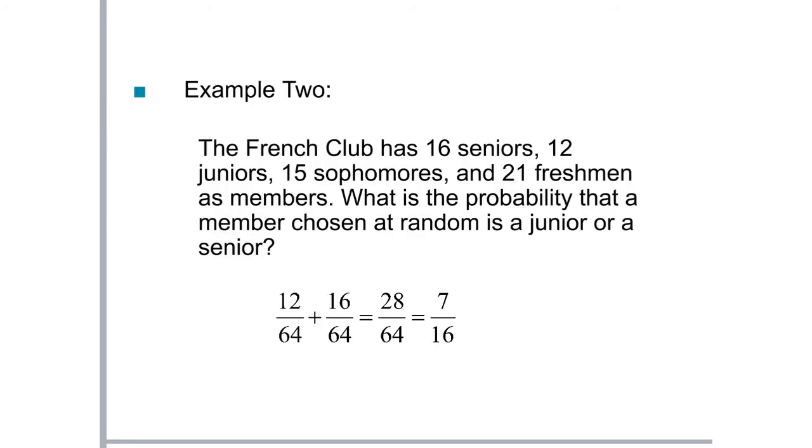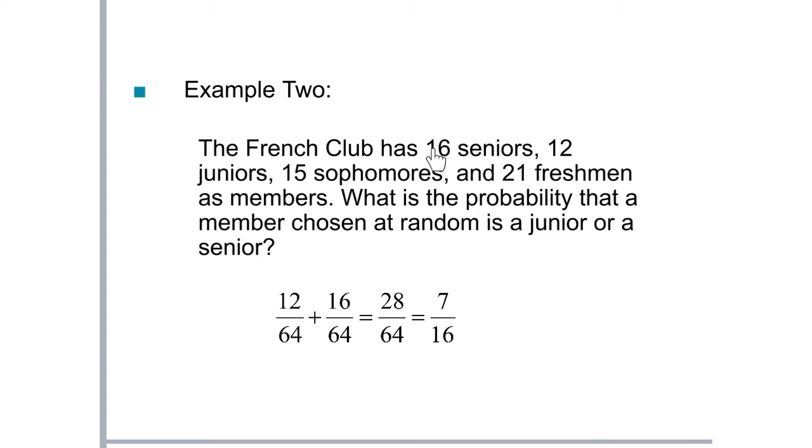Here's another example. The French club has 16 seniors, 12 juniors, 15 sophomores, and 21 freshmen as members. What is the probability that a member chosen at random is a junior or a senior? Well, there are 16 seniors and there are 12 juniors.